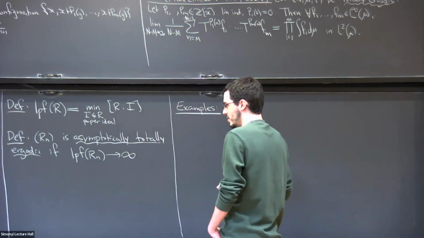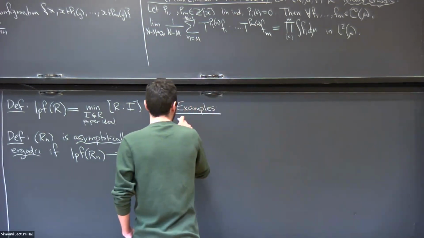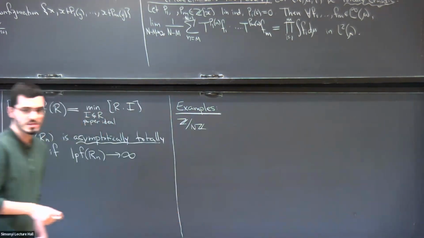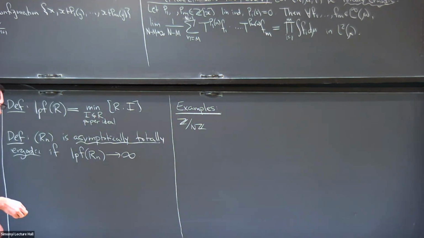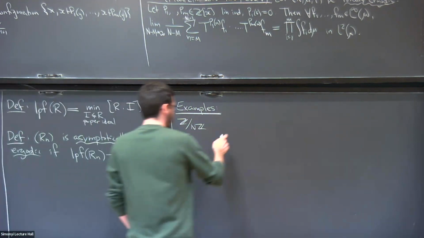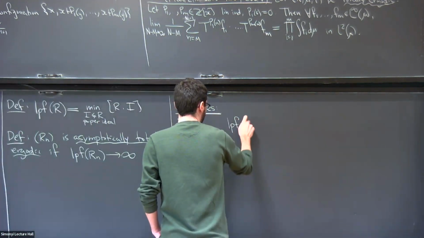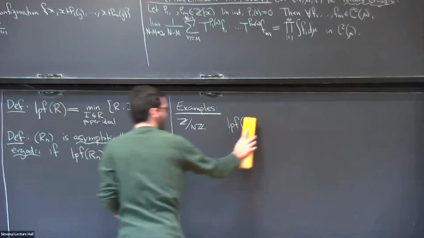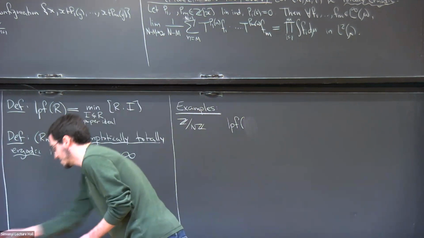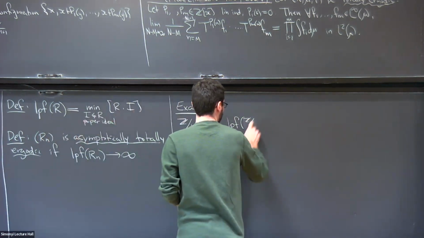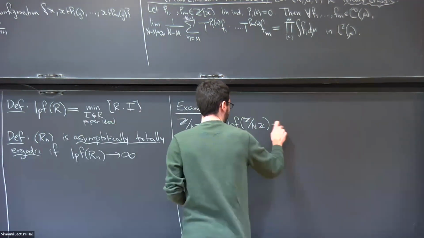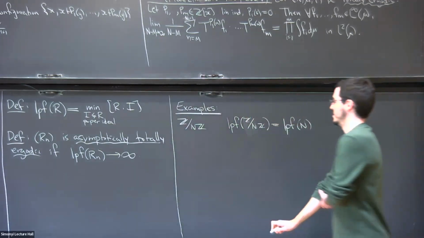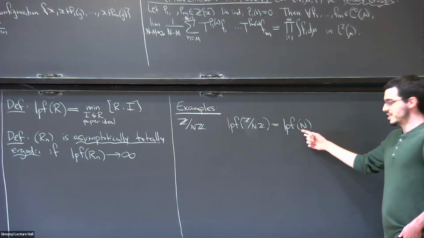Okay, so one thing we could look at is say modular rings, integers mod n. In this case, the size of the smallest periodic factor is the least prime factor of n.